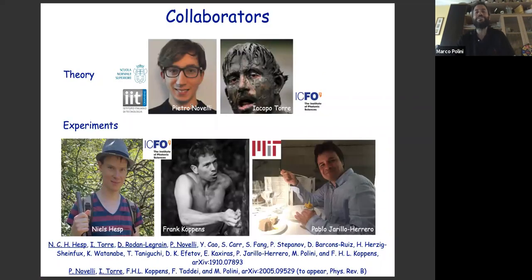But the main actors here, and you see we have a rugby player from ICFO, is Jacopo Torre. He was a former student of mine, and he's now at ICFO working with Frank. And a PhD student of mine, Pietro Novelli, was essentially about to finish and defend his thesis. Those are the main guys that did calculations on the theory part. On the experimental part, I had the luck to interact with very young and strong guys.